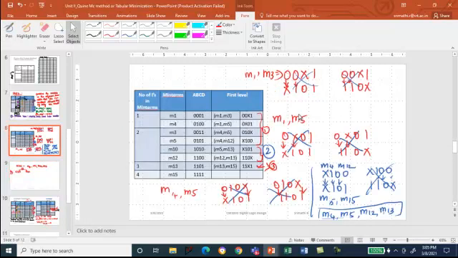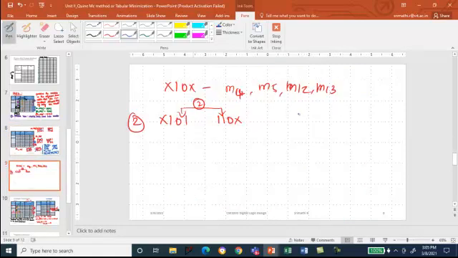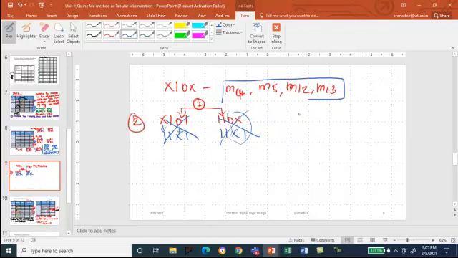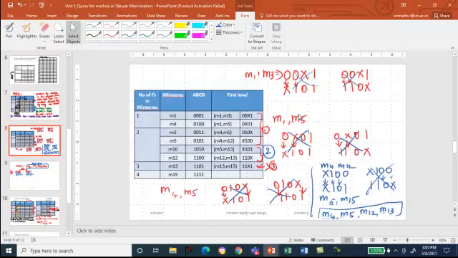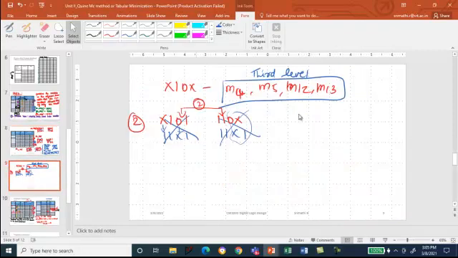What is there in 3? 3 is 11x1. So this has to be compared with 11x1. So here see, both the bits are changing. So this has to be ruled out. This is changing, this is changing. This also has to be ruled out. So what all the term that is here? This is the only term that goes for the next level. This is first level, the second level.